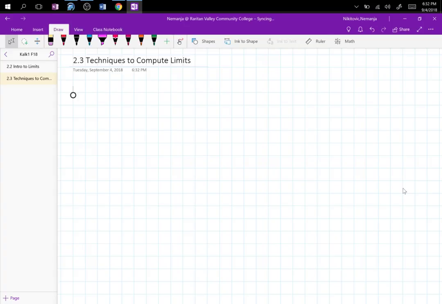Hello and welcome back to Calculus 1, section 2.3, techniques for computing limits. So what do you do? Well, in the previous section, 2.2, we already said that you can graph and look at the graph. And number 2, we said chart.